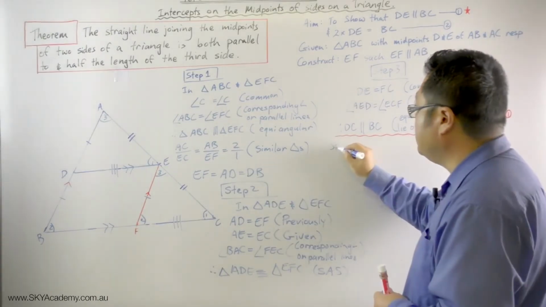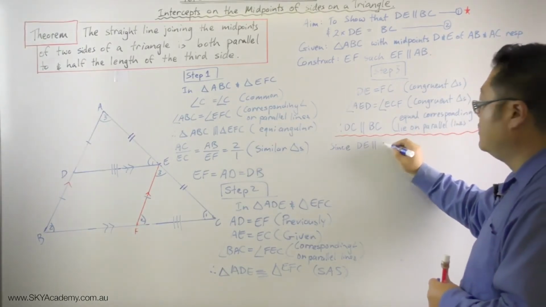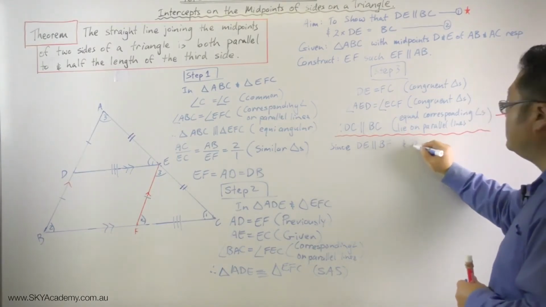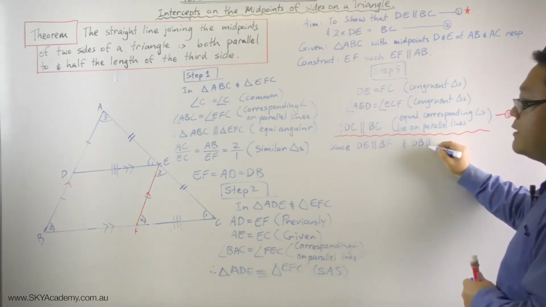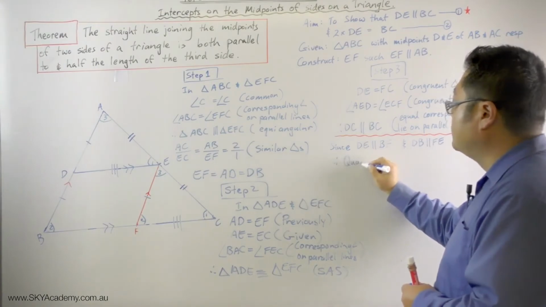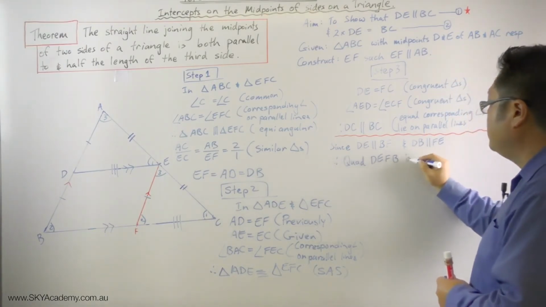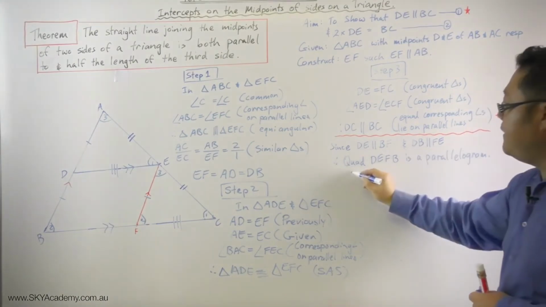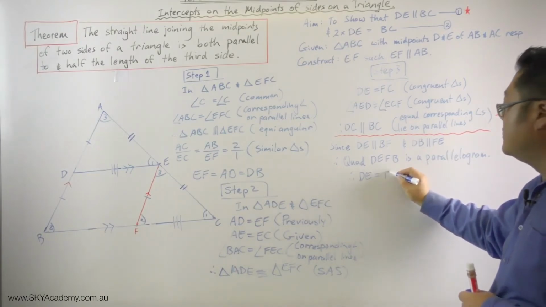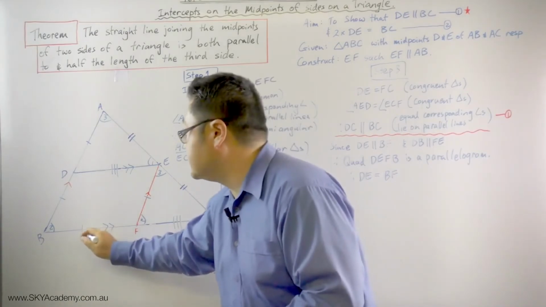All right, since DE is parallel to BF and DB is parallel to FE, therefore quadrilateral DEFB is a parallelogram. Therefore, DE is equal to BF. Got that?